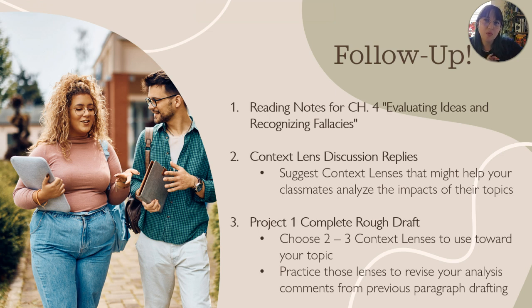And then also remember to complete Project 1 Rough Draft. Choose those two to three context lenses, define how they help you focus on the topic, draft some big thinking questions that they help you ask without those so what and who cares questions, and then practice those lenses as you revise the analysis commentary that you came up with in your previous drafts.